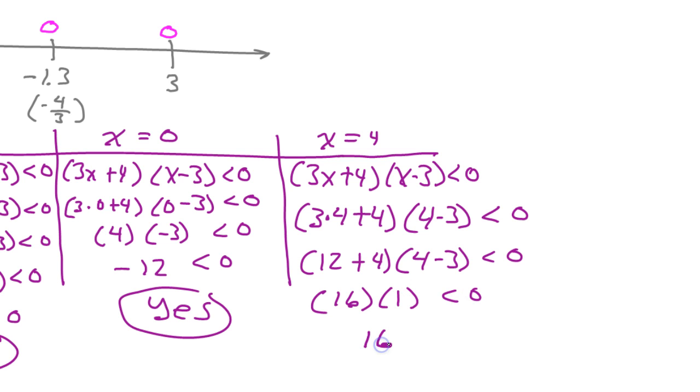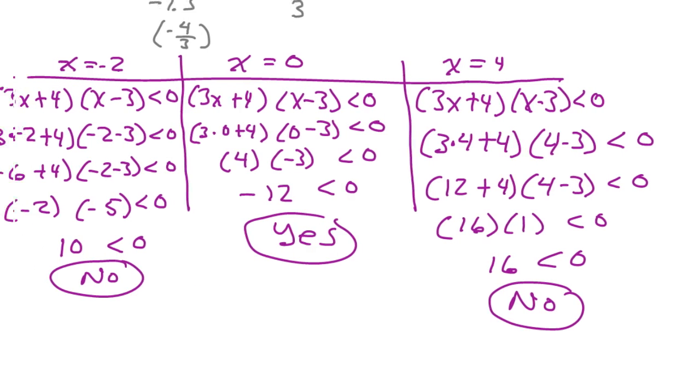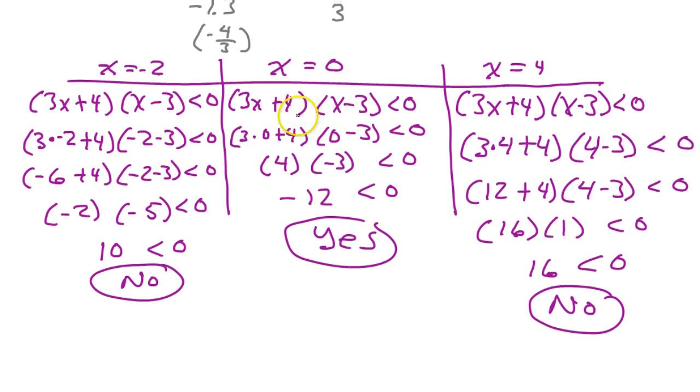That would mean 16 is less than 0. Is this true? Clearly no. So as far as which of these values were actually solutions, negative 2 was not a solution, 0 is a solution, and 4 is not a solution.